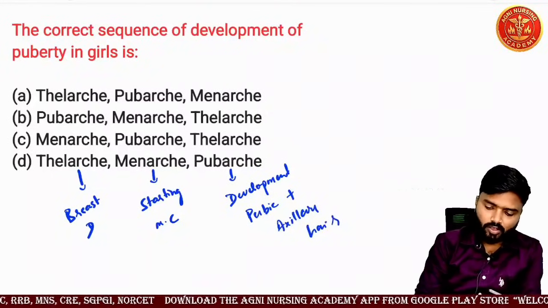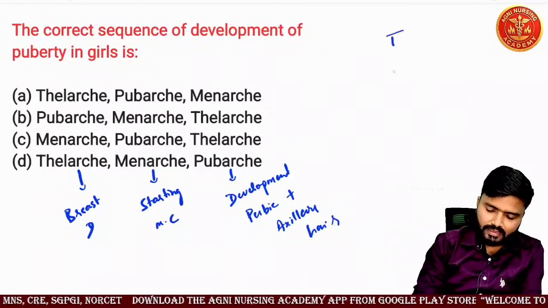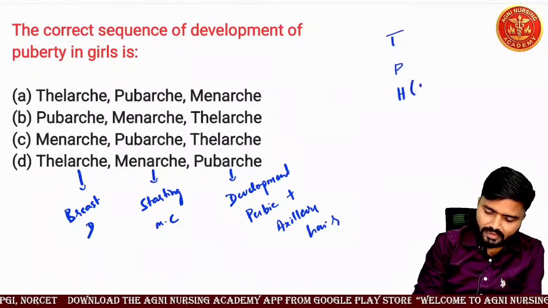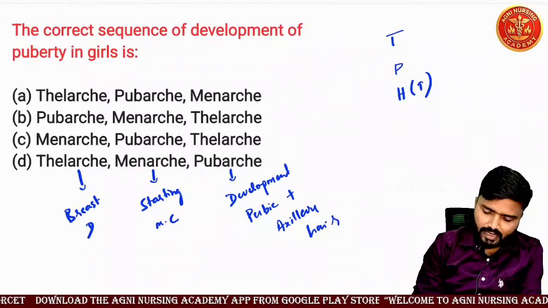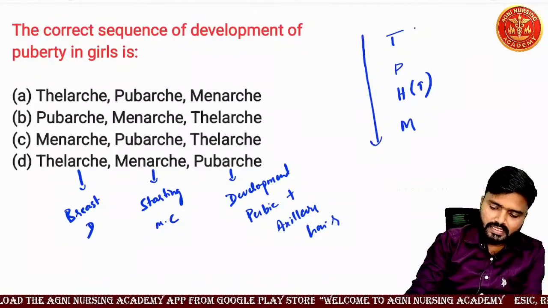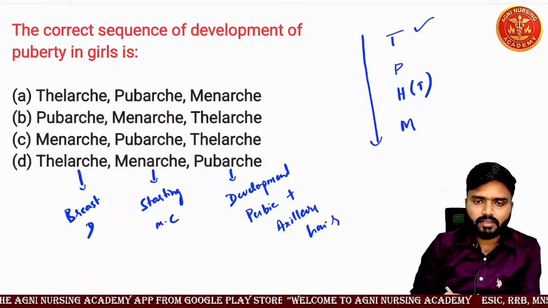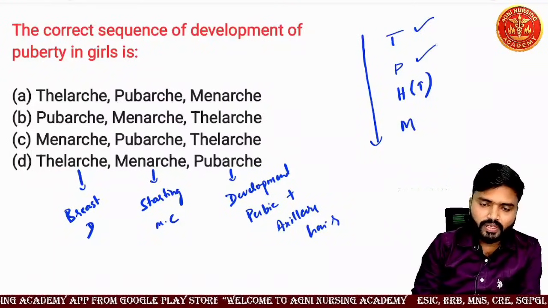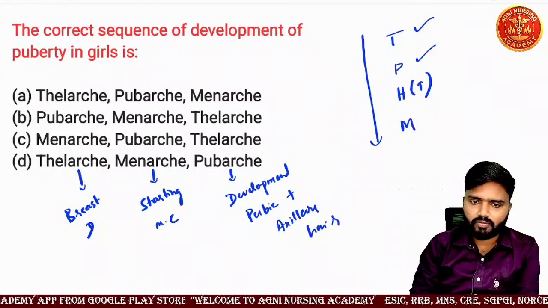Normally the series is telarche, and after that pubarche, and after that an increase in the height of the female, and last one is menarche. So this is the series. Breast development will occur first among the female secondary sexual characters, and next pubic hair and axillary hair growth will happen.